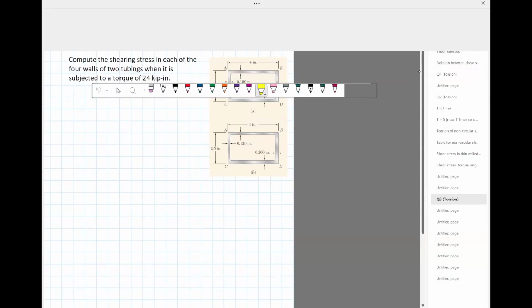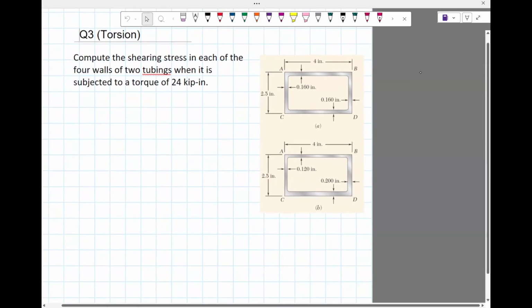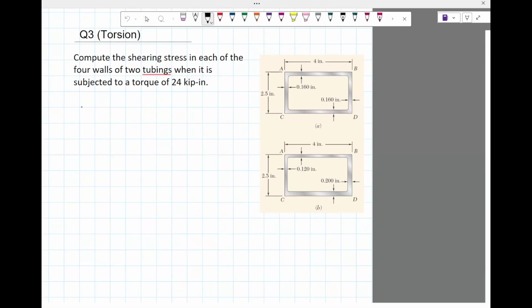Okay. So here are two sections. We need to compute the shearing stress, tau, in each of the four walls of the two tubings when it is subject to a torque of 24 kip-inches. So we need to find the shear stress in all four sections.